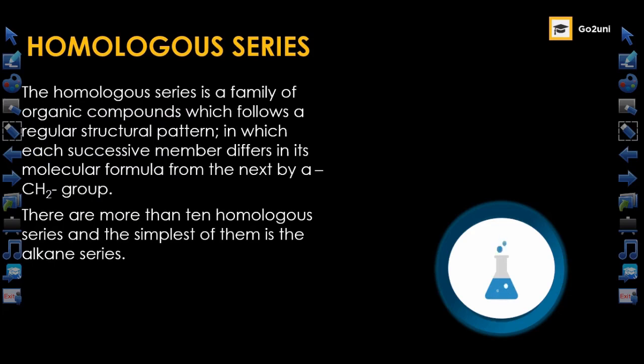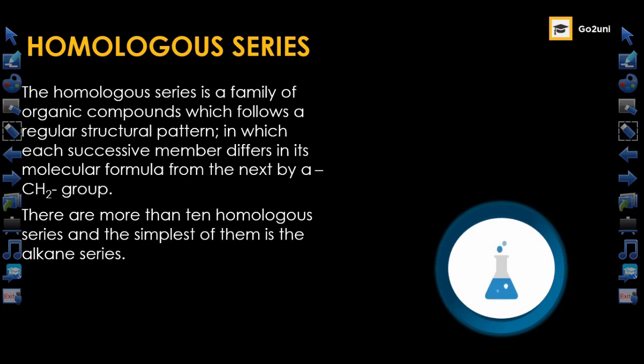Talking about a homolog, we can say that a homologous series is simply a family of organic compounds in which each member in that family differs from the next member by a CH2.